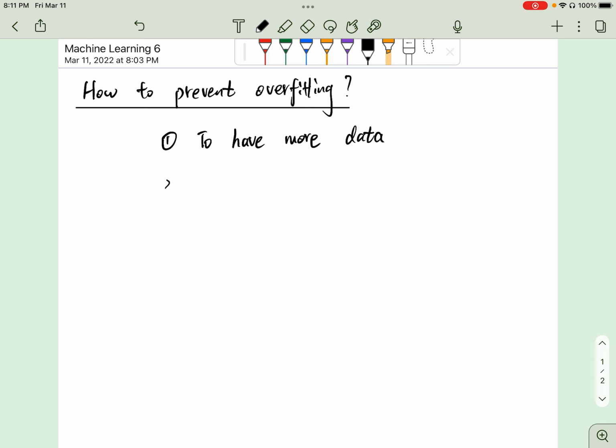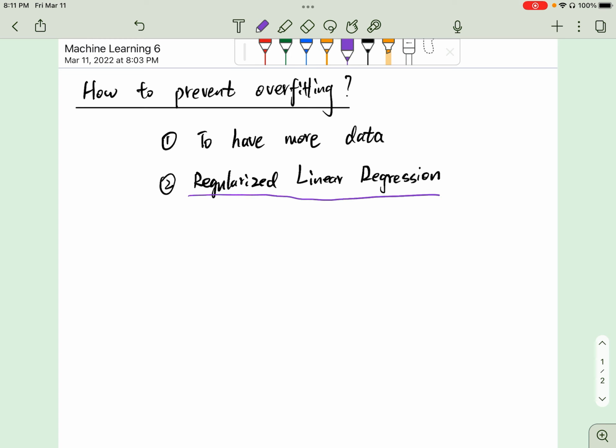Okay, so the next solution is that you can use regularized linear regression. And this will be our main topic today.